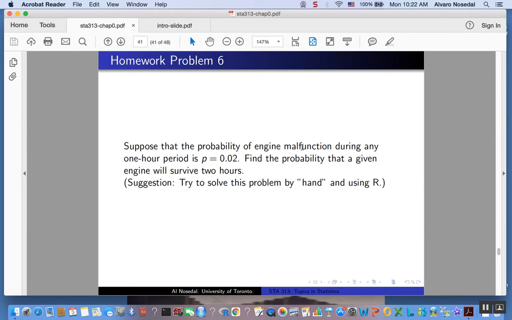What we want is the probability that the engine will survive 2 hours, so that it takes more than 2 hours to fail. First, we're going to find that probability by hand, and then we're going to find it using R.